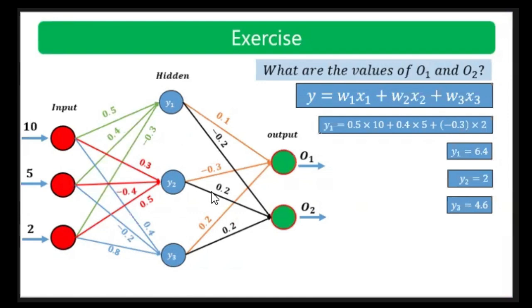Now this 6.4 is multiplied by 0.1. For example, to calculate O1: y1 is 6.4, times 0.1; y2 is 2 based on the calculation, times minus 0.3; and y3 is 4.6, times 0.2. That is going to be the output.